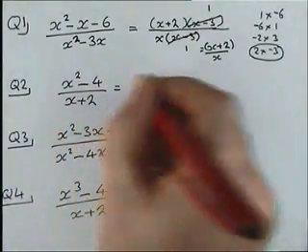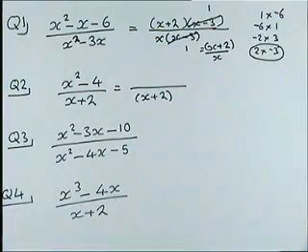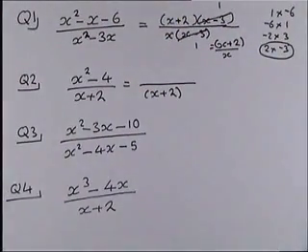Looking at this question, we've seen this already. I chose it again just in case you weren't particularly good at difference of two squares, but it is something you need to get good at.